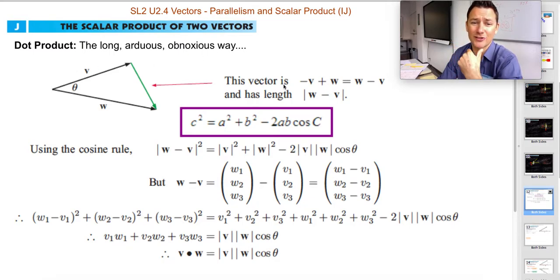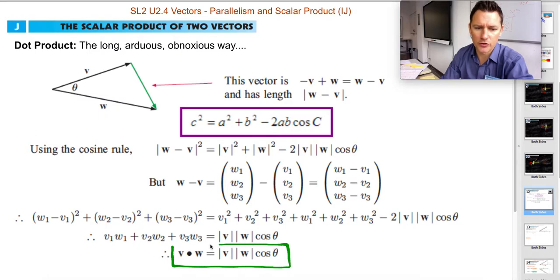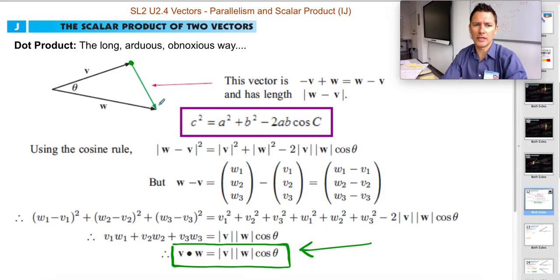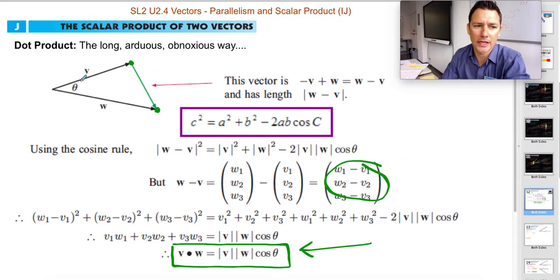So in your text, there's a really long, arduous description of where they get this equation that we're going to use. I think it's really interesting. It takes into account the graphical maneuver from getting from V to W and what that means algebraically, and then also geometrically, trigonometrically, what this length is based on the magnitudes here and the angle between them.